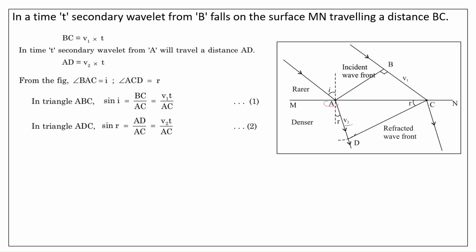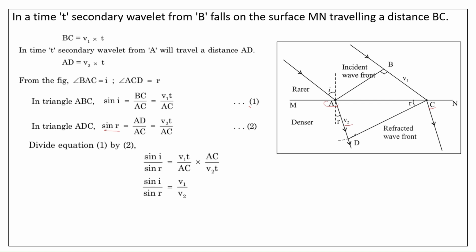From the figure, angle BAC is equal to i and angle ACD is equal to r. In triangle ABC, sin i is equal to BC by AC, which is equal to V1 t by AC. In triangle ADC, sin r is equal to AD by AC, which is equal to V2 t by AC.